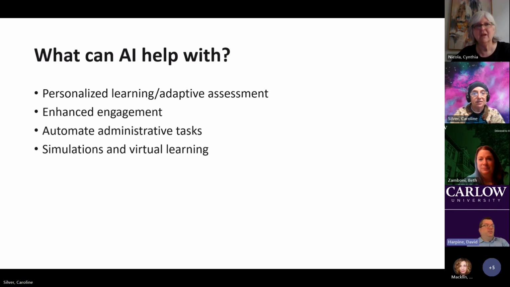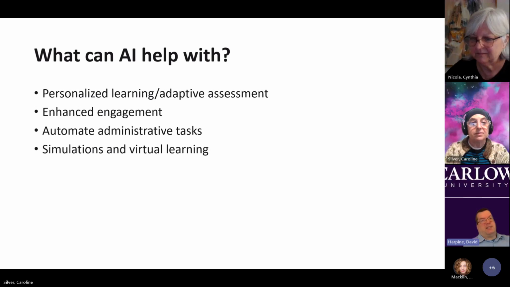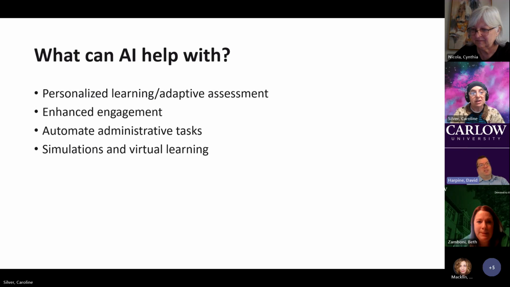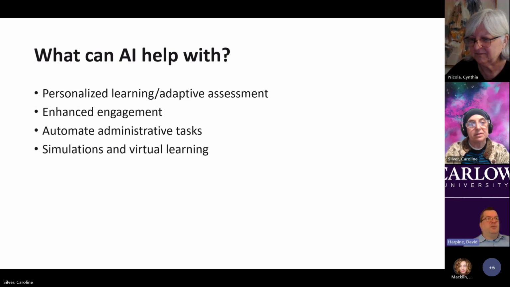I don't think you should rely on it to give you facts at all. I think you should give it facts and then ask it to perform tasks with those facts, because it doesn't really have good research capabilities and it doesn't really have up-to-date info anyway. But for example, this morning there was an instructor who wanted information about using it to help put PowerPoints together based upon, say, an article.